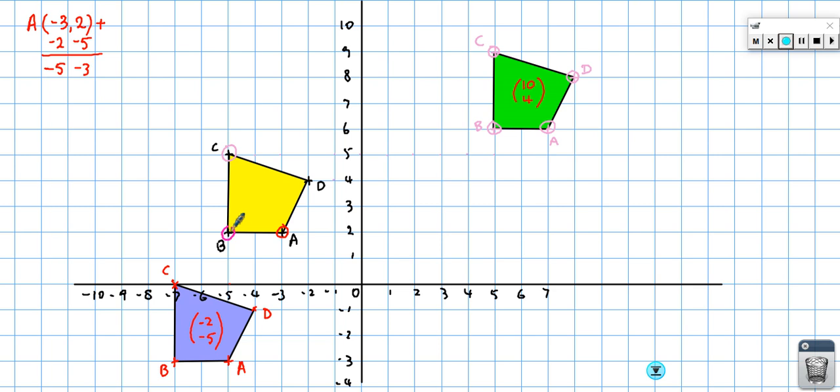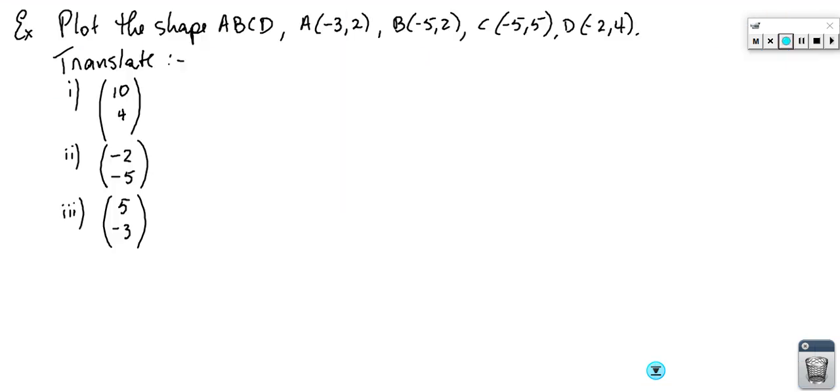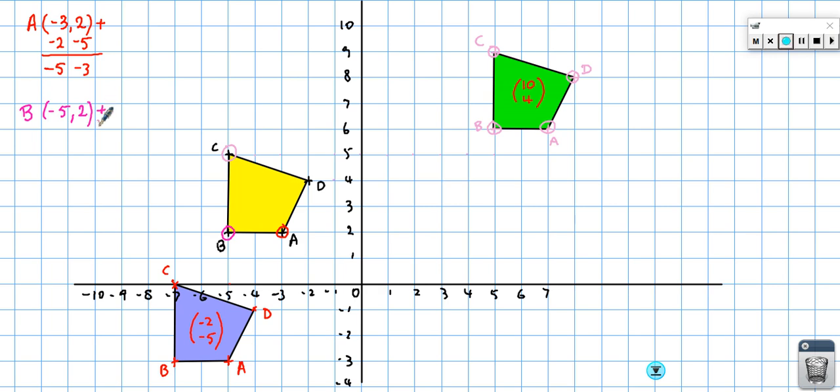I'm going to choose point B, which had coordinate minus 5, 2. The vector, because I forgot the vector, was 5, minus 3. So I'm going to add 5, minus 3. The result is going to be, in this case, 0, minus 1. So my point B is 0, minus 1.